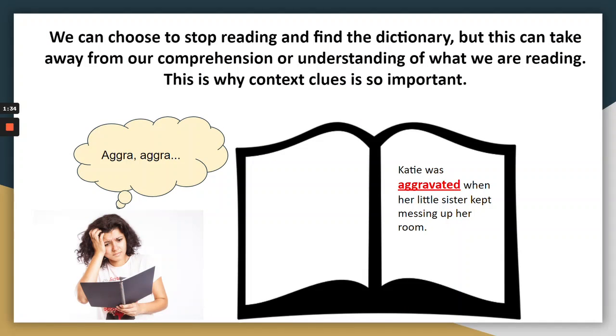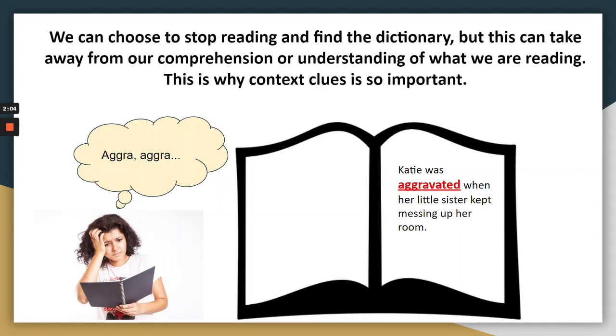Now, when this happened, some students may choose to stop reading altogether or stop reading and go find a dictionary to figure out the definition of a word and even how a word is pronounced. I want you to keep in mind that this is something that we should not do. The reason why is because it takes away from our comprehension or our understanding.